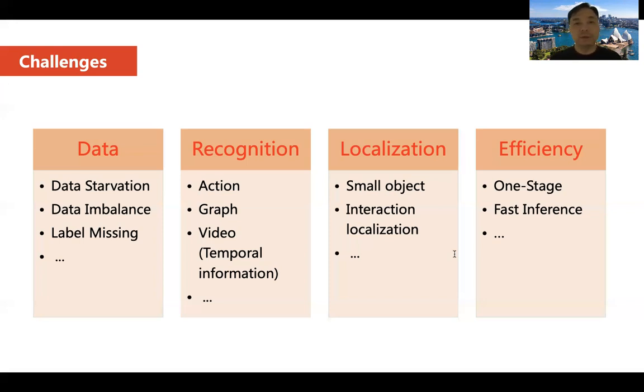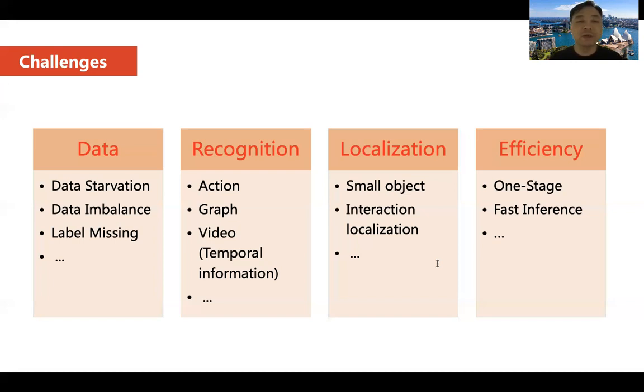Last but not least, the efficiency of the network is significant for the application of HOI methods. Current HOI detection approaches can be categorized into one-stage and two-stage HOI detection. Two-stage detection methods localize objects and recognize the interaction separately, while one-stage HOI detection conducts object detection and interaction recognition jointly.